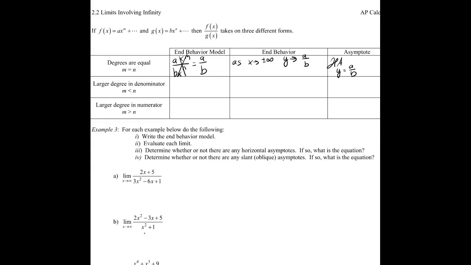Alright, what if the degree of the denominator is larger than the numerator? So what if n is bigger? I'm still going to have that end behavior model of ax to the m over bx to the n. So this time I would have, for example, ax to the third over bx to the sixth. So I'd have three more x's in the denominator than in the numerator. That simplifies to a over bx cubed.